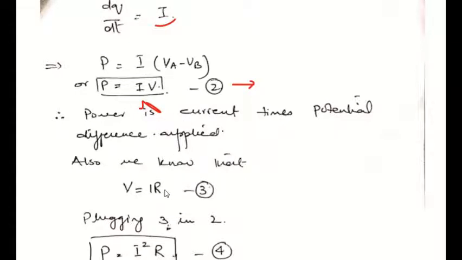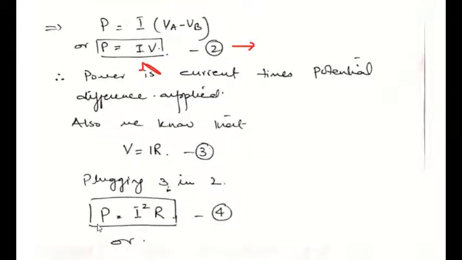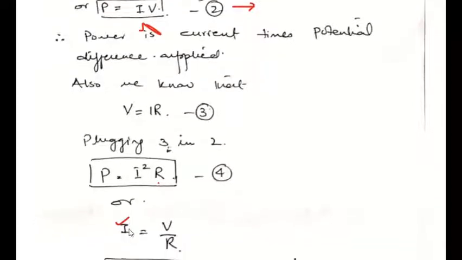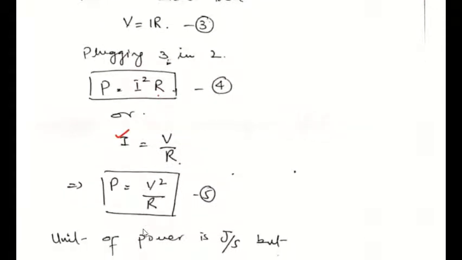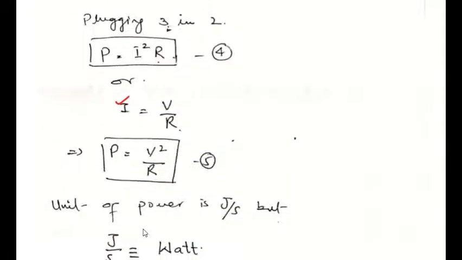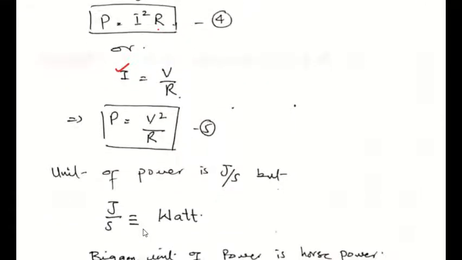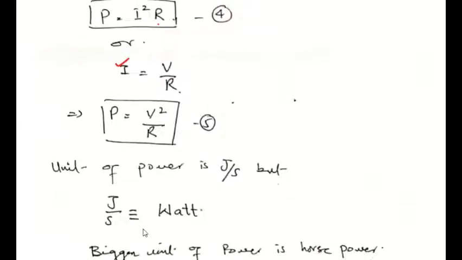We can also write this equation 2 as, if I replace V equals IR, then I can write P equals I squared R, or if I want to replace current equals V over R, then the power will become V squared over R. So the unit of power is joules per second, as I told you before, and this is also known as watt.